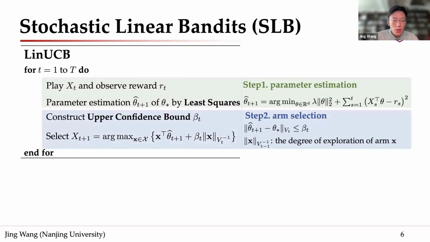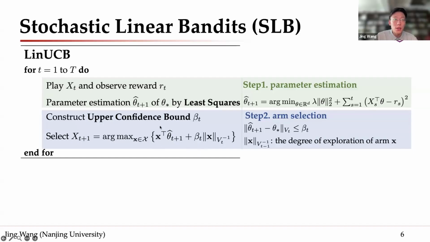For the estimation, since the reward model is a linear function, it's a linear regression problem. So we can directly use regularized least squares to estimate theta. After we have the estimation, we can use the UCB algorithm. Here we do not directly choose the best arm we have ever observed, but we have a bonus term.